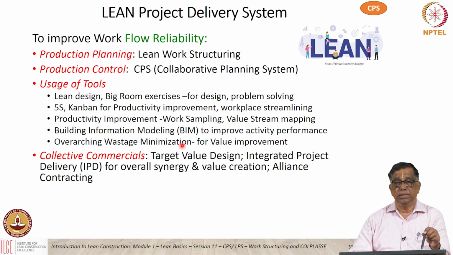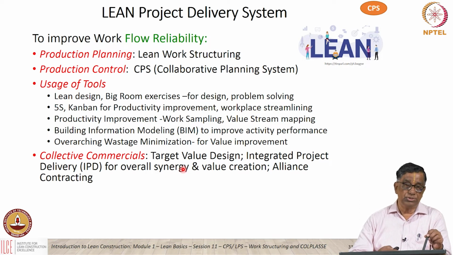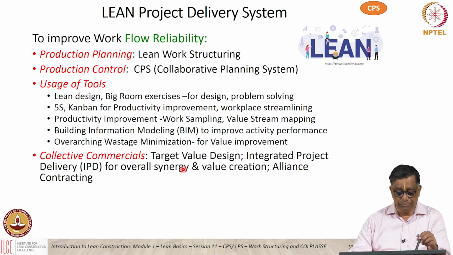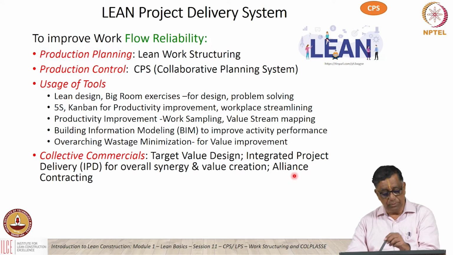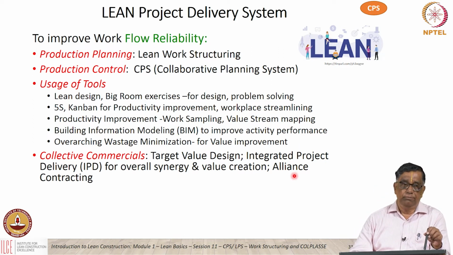And then there are the contracting mechanisms, the collective commercials. One can do target value design and integrated project delivery by including the consultants, designers, architects, and the contractors in the same team for overall synergy and value creation. We can also go for alliance contracting, when you also bring the client on board along with the architect or engineer and the contractor.